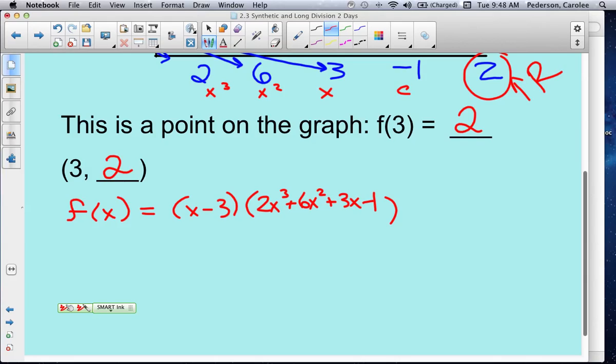So like I said, some textbooks just put plus 2. Some textbooks do plus 2 over whatever you factored out. Yes, sir. You accept the other ones. Yep.